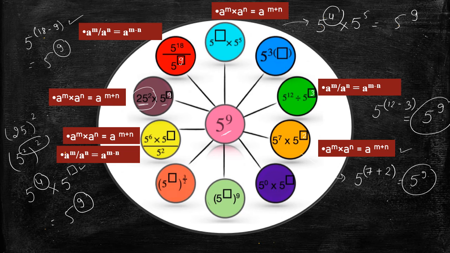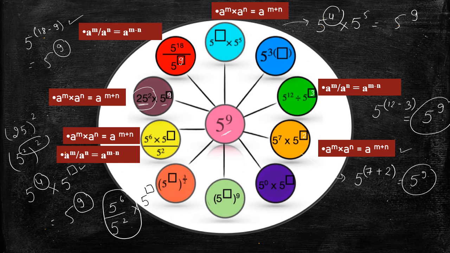Now coming to the next question. 5 raised to the power 6 multiplied by 5 raised to the power something divided by 5 raised to the power 2. So we have 5 raised to the power 6 and 5 raised to the power 2, multiplied by 5 raised to the power of something. We can solve this part first. This will give us 6 minus 2. Why?